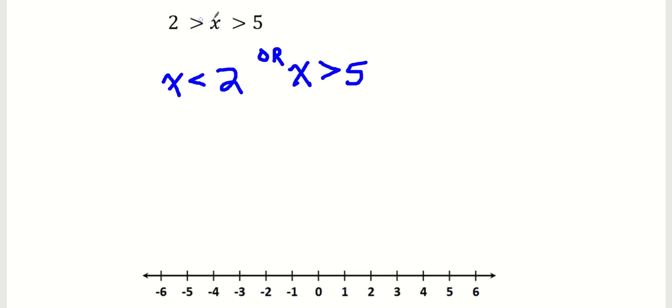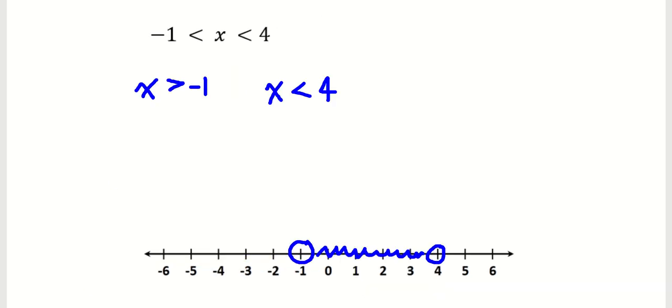And again, to repeat myself from a few minutes ago, this smushed inequality means and, but with an or graph, you're almost always going to see the two inequalities already completely separate, and you're literally going to see the word or.